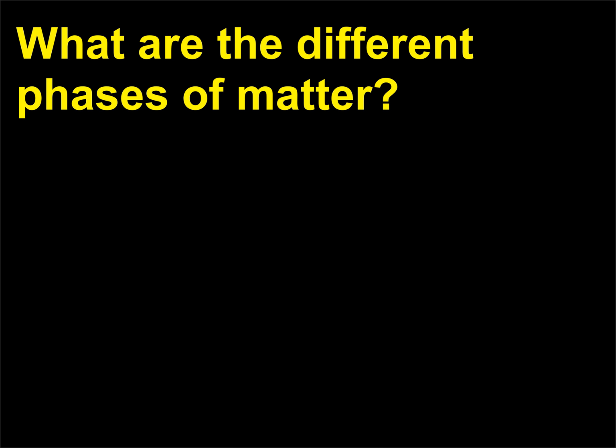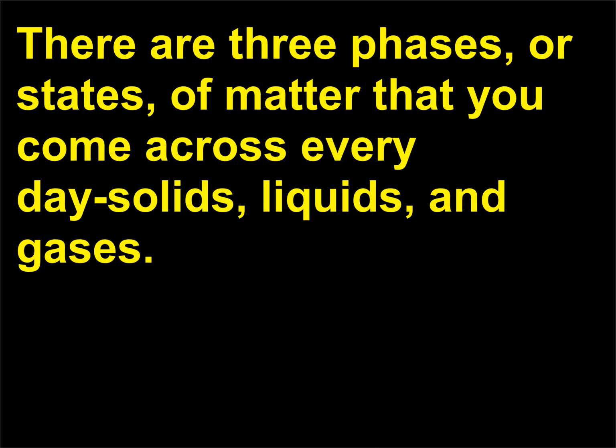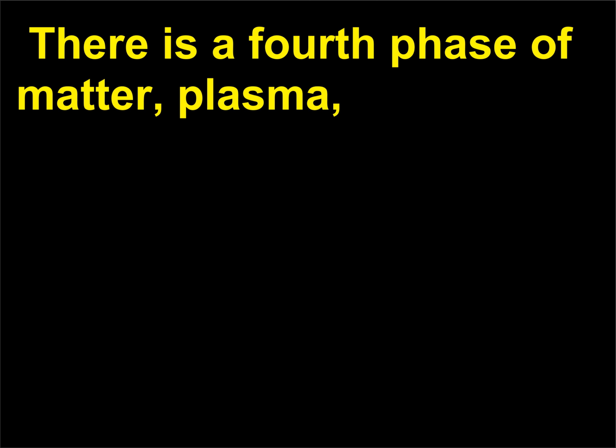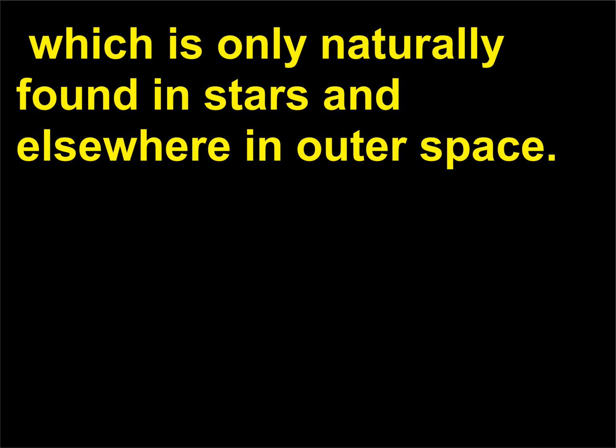What are the different phases of matter? There are three phases, or states, of matter that you come across every day: solids, liquids, and gases. There is a fourth phase of matter, plasma, which is only naturally found in stars and elsewhere in outer space.